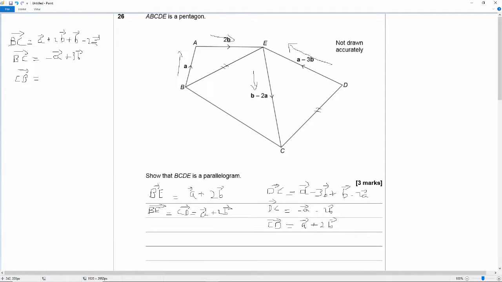So the signs just reverse. So it's A minus 3B.